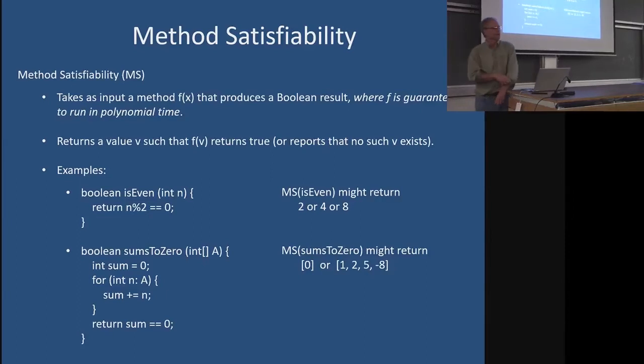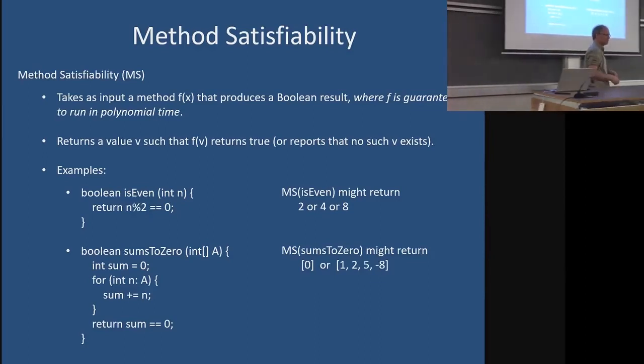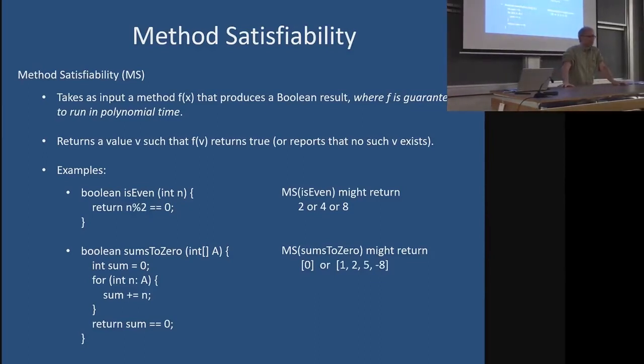Or let's say you had a method is 100-digit prime, and you fed it to MS. It would spit out something that makes is 100-digit prime return true, which would have to be a 100-digit prime. So if you had this thing, and it ran quickly, that's the cool thing. As he said, you could just have this thing try all possible inputs till it finds one, but that's going to take a long time. The cool thing would be if it ran quickly. We could solve all kinds of problems.